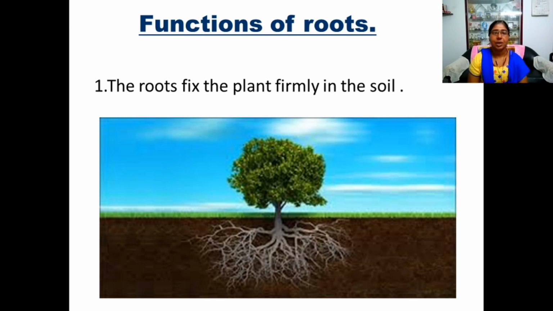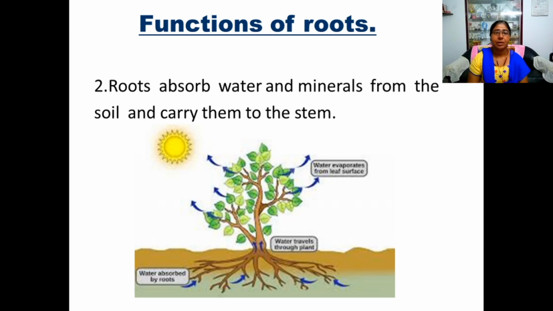First one, root fix the plant firmly in the soil. Because of these roots, plants can withstand strong wind. Second important function is root absorb water and minerals from the soil and carry them to the stem.